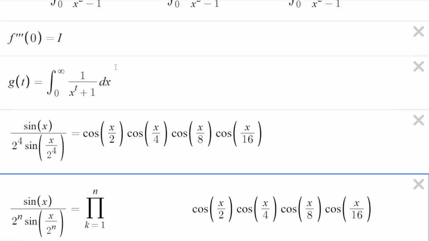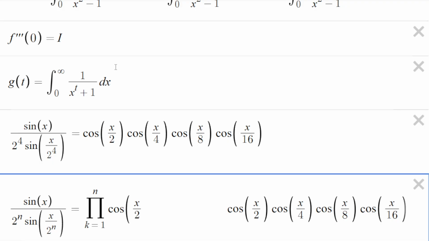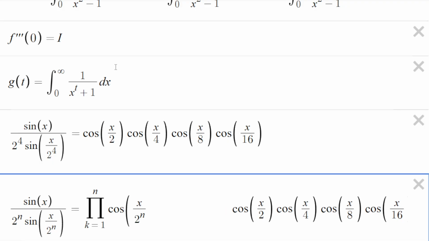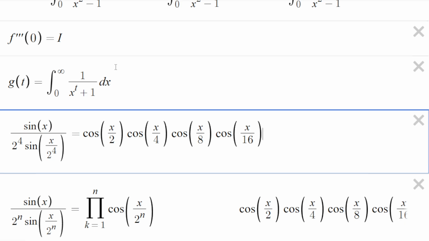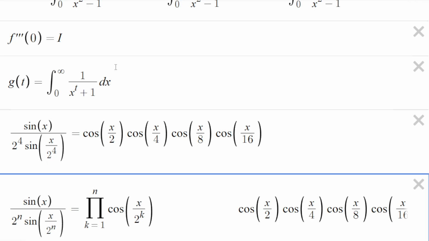And what we're multiplying together is cosine of x over 2 to the n. You'll see for n, and you can check this out, for n equal to 4, we get this. Oh, and I made a critical mistake here. This is actually 2 to the k, because it's actually k going from 1 to some n value.